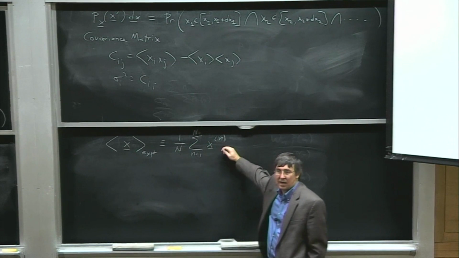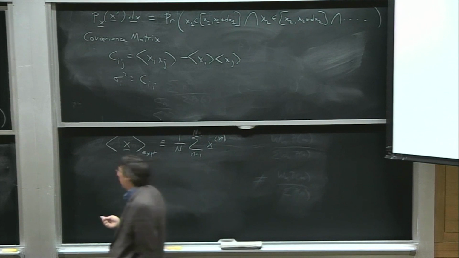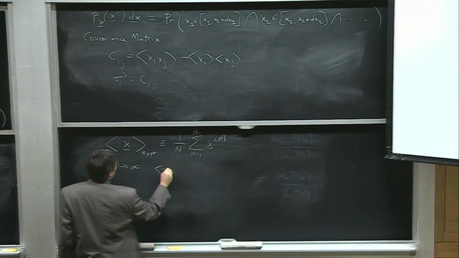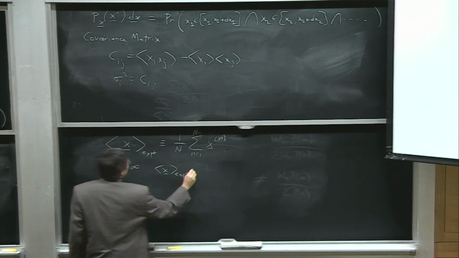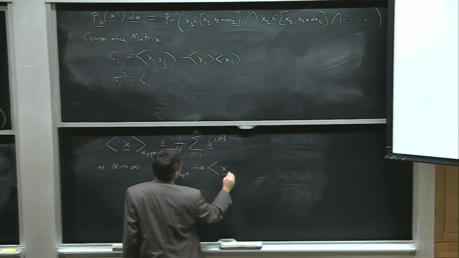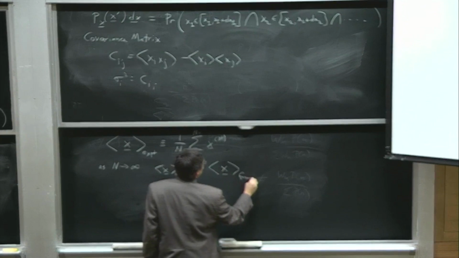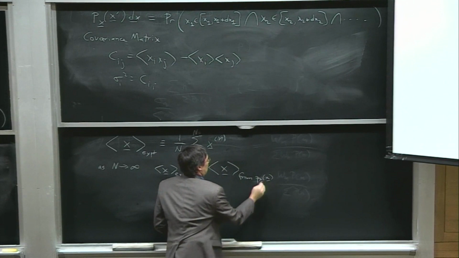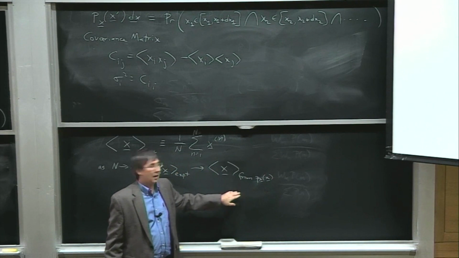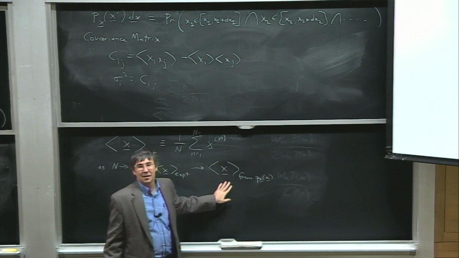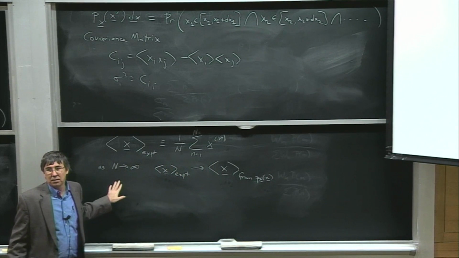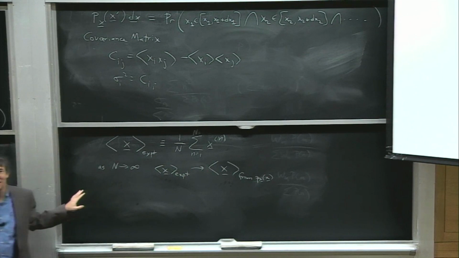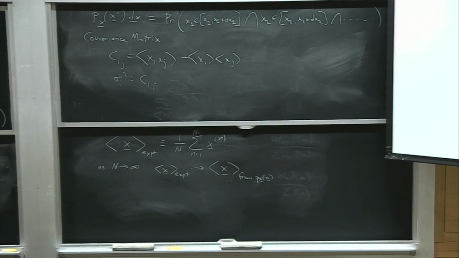I would expect that as n goes to infinity, my experimental values go to the same value of x that I would have gotten from the true probability distribution function, if I knew what p_x(x) is and evaluated the integral. I think it should be the same as the experiment as long as I did enough repeats. This is almost like an article of faith here. That's what you expect.